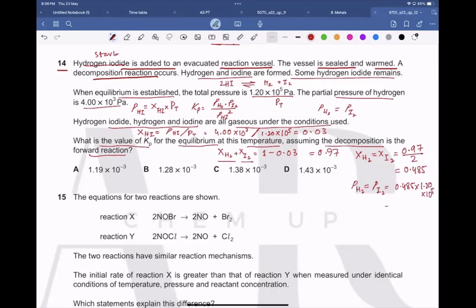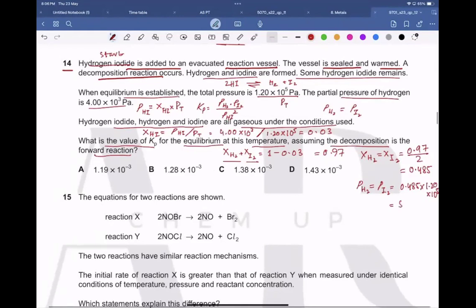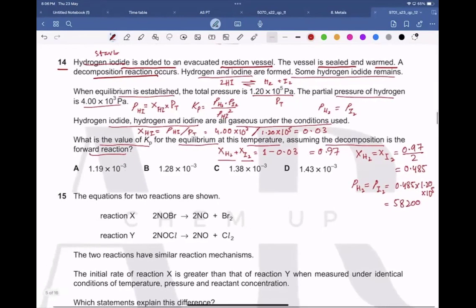Can anyone calculate this value, please? It's 58200. So we got the partial pressure of hydrogen and iodine. We know the partial pressure of hydrogen iodide is this.